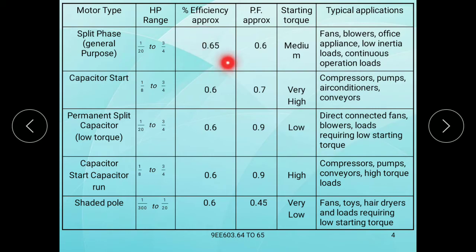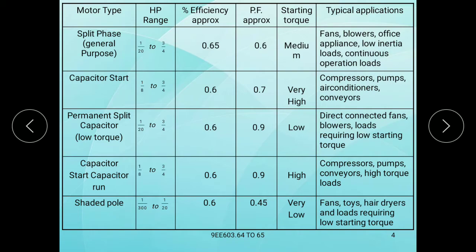Efficiency is maximum in split phase general purpose, and in general this is the minimum. Power factor: capacitor permanent and capacitor start, capacitor run is maximum. Here capacitor start is low and very small in shaded pole motor.